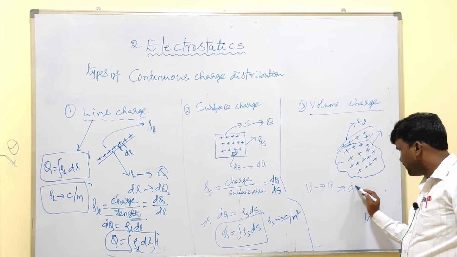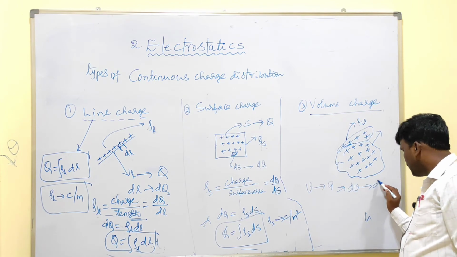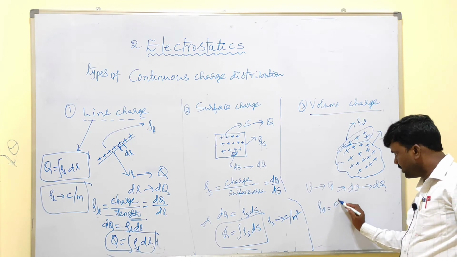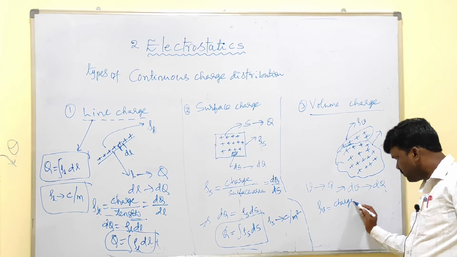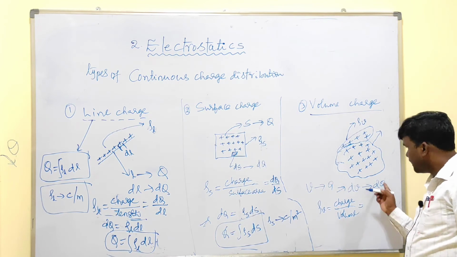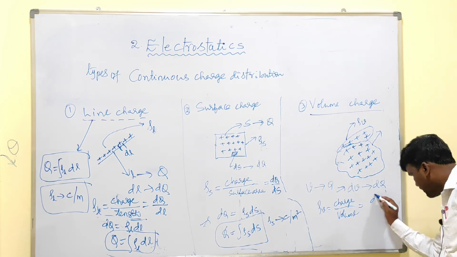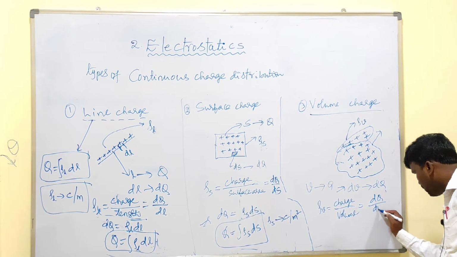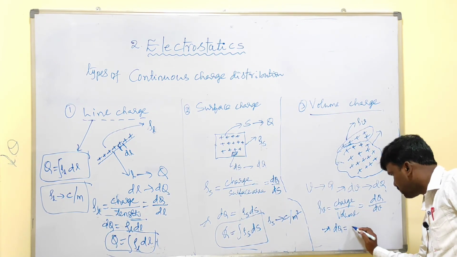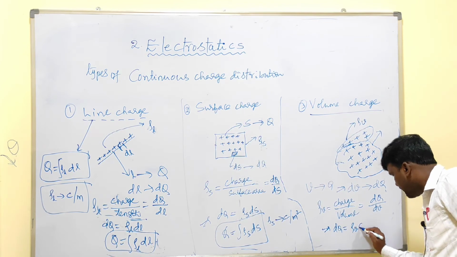If you consider a differential volume, then you will get dq. So rho V is charge per unit volume. You need to consider a smaller portion, that is dV. For dV you got dq, dq by dV, and from this we can write dq equal to rho V dV.